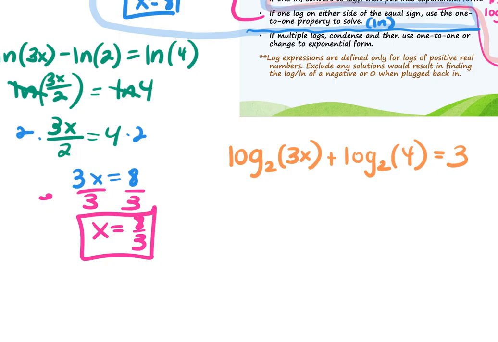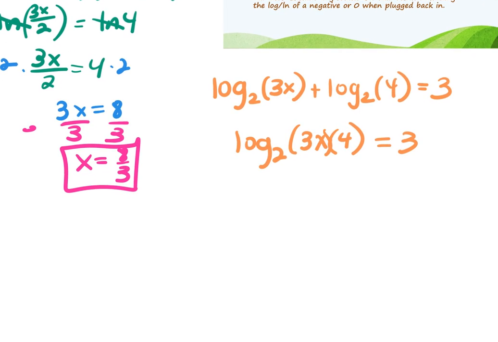If there's a constant mixed in, it messes that up. So I can't say, I'm going to move this to one side, ignore the logs, and solve for x. You cannot. What I can do is condense that left side. So now it's addition, which becomes what when we condense? Multiplication. So 3x times 4 equals 3. So I'd get log base 2 of 12x equals 3.